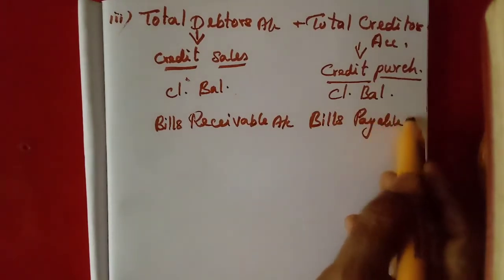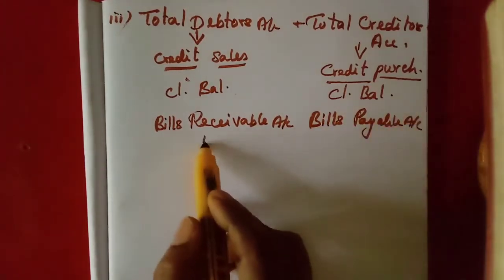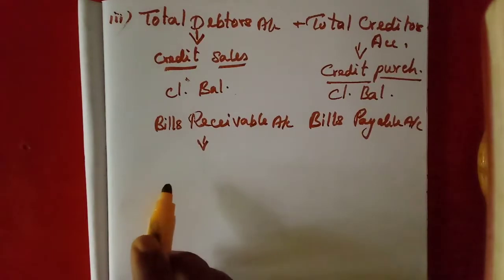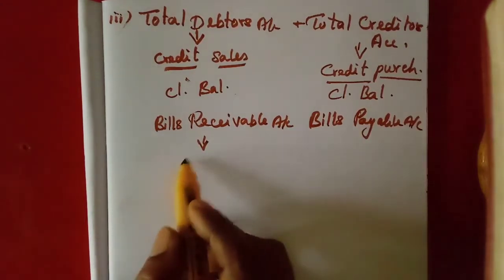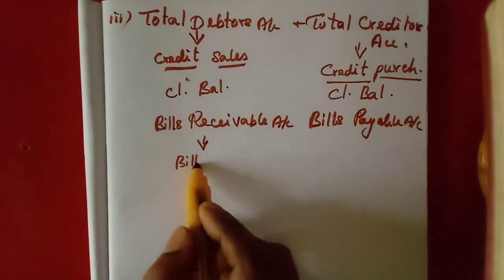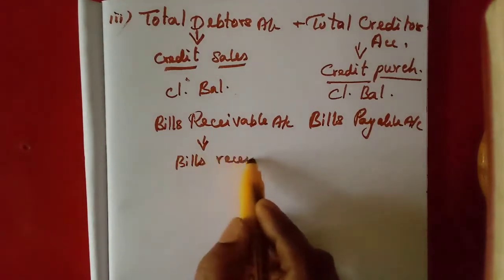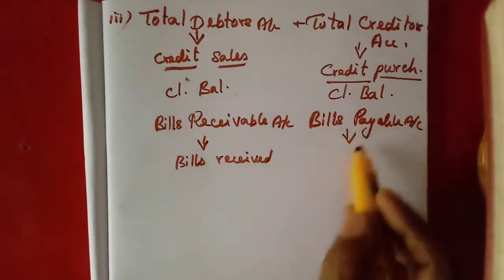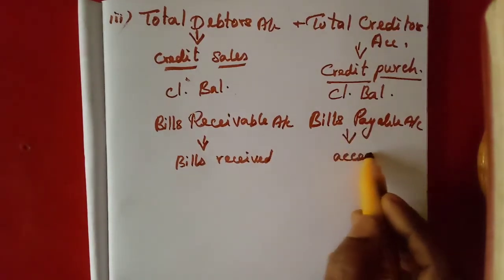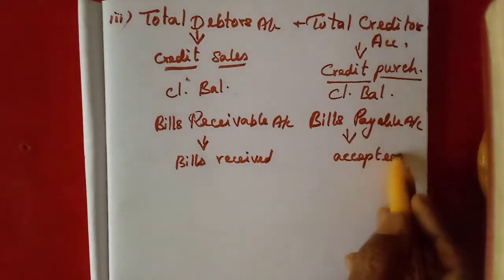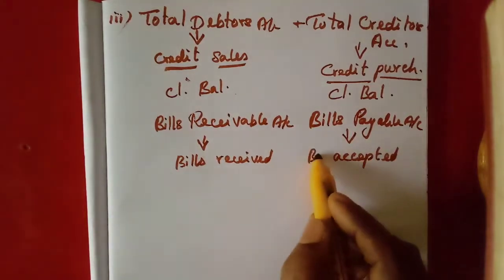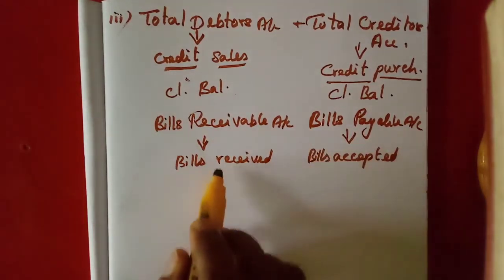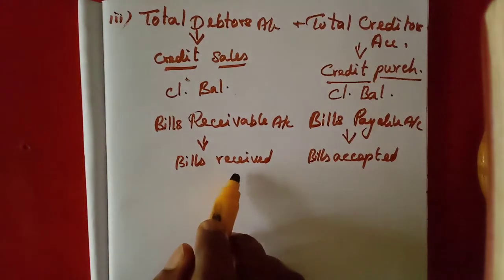Here they will ask us to calculate how many bills we have received during the year, or bills receivable received. Here bills payable accepted. Bills accepted. That means we need to pay these bills. Here we will receive the amount of those bills.